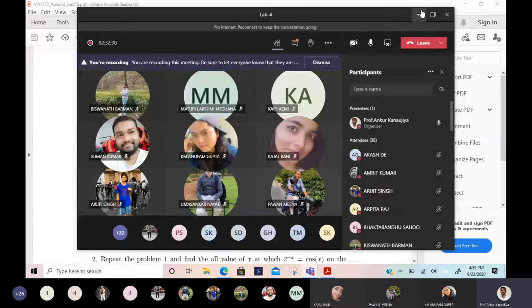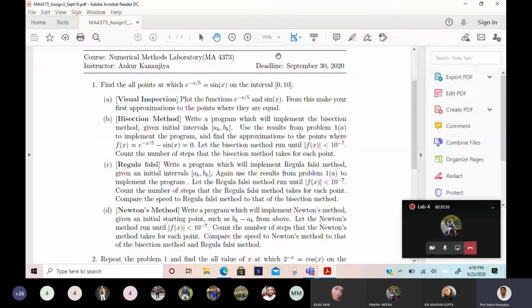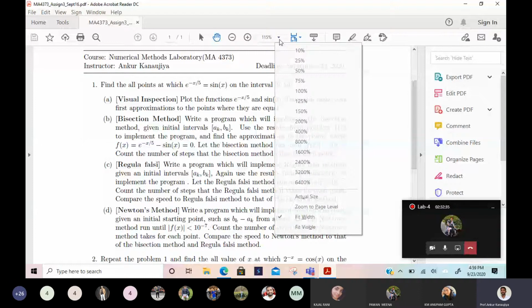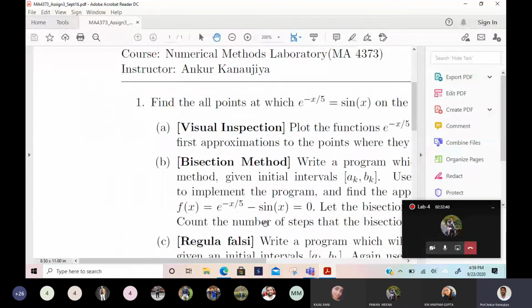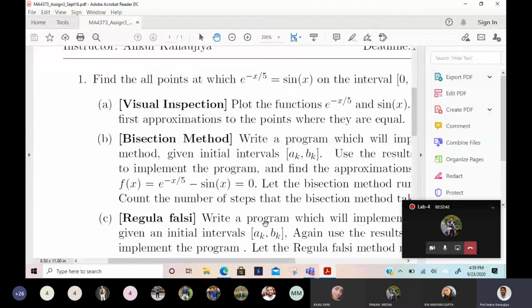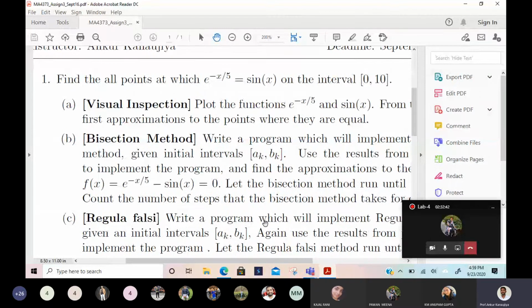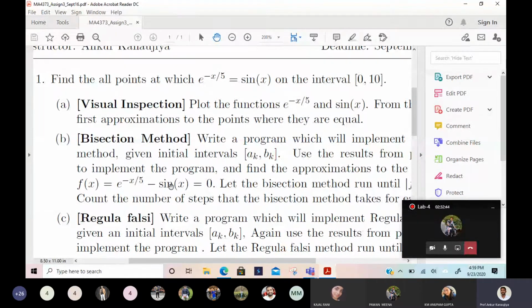If you take f of x equal to e to the power minus x by 5 minus sin x equal to 0, that means whatever x you find that gives 0, that is the same as this function being equal to sin x at that x.